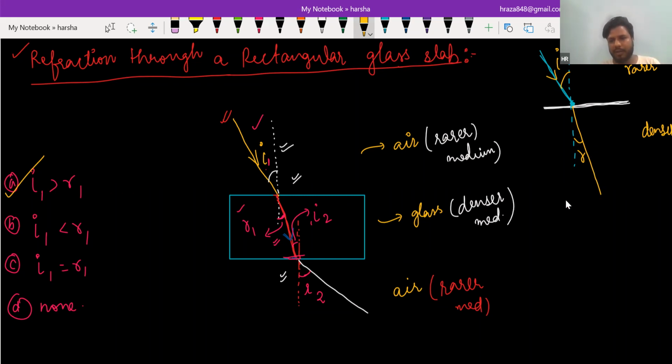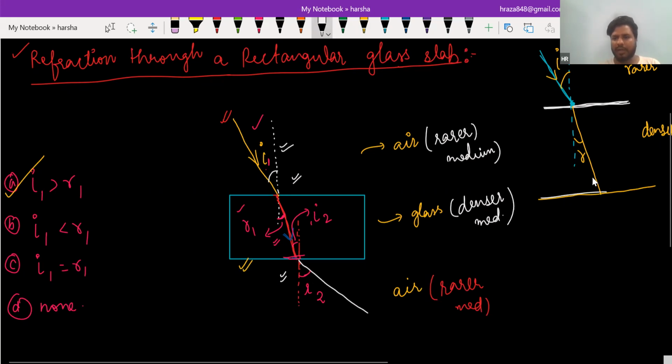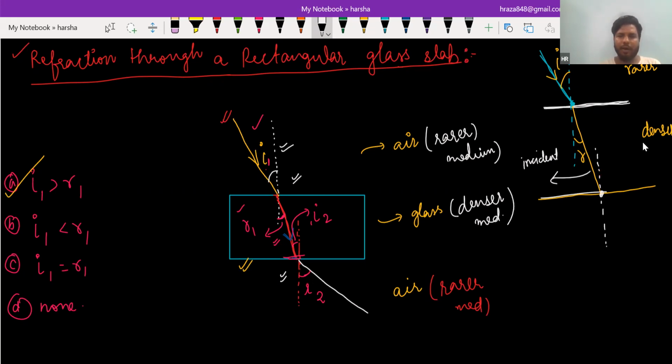Now again, suppose this is the surface, and for this surface, this is the incident ray, and at this surface, this is your normal. Now for this surface, the light ray is traveling from denser to rarer. Whenever light travels from denser to rarer, it will bend away from the normal.